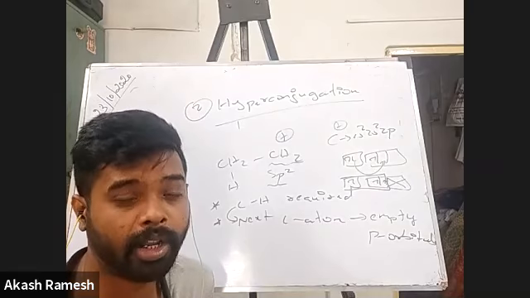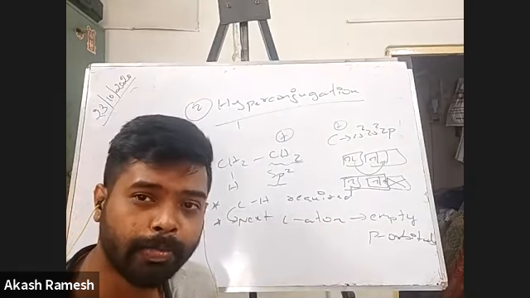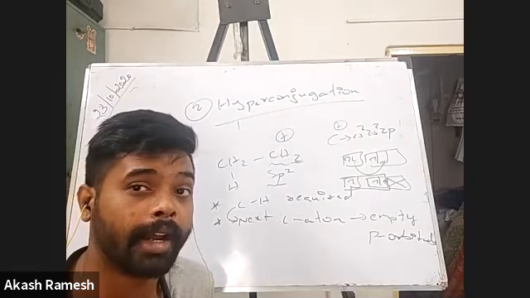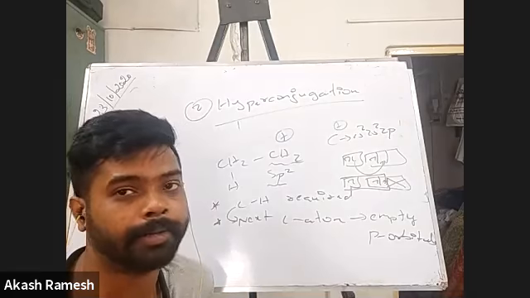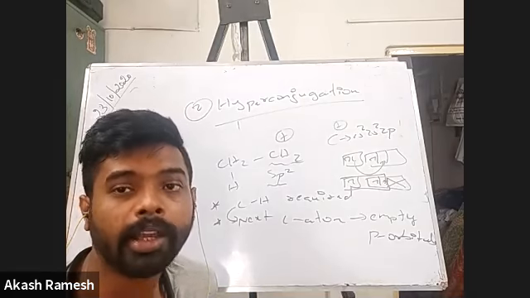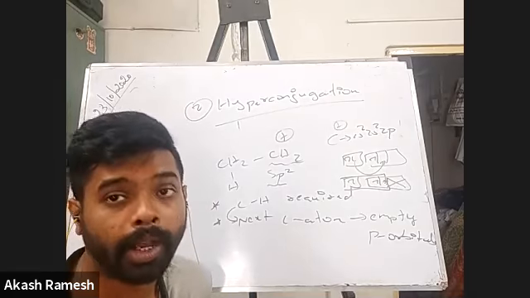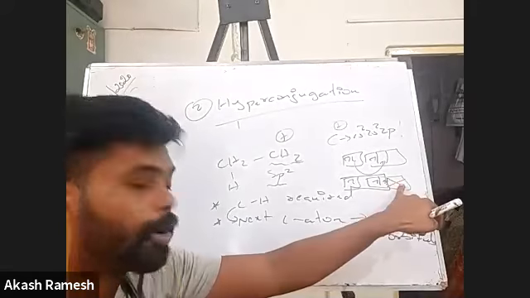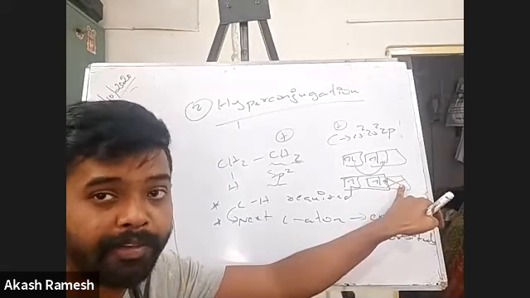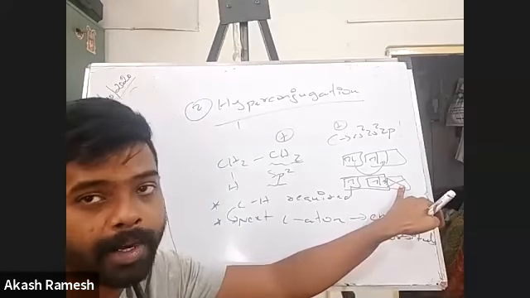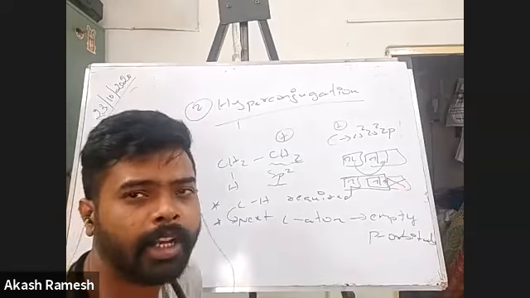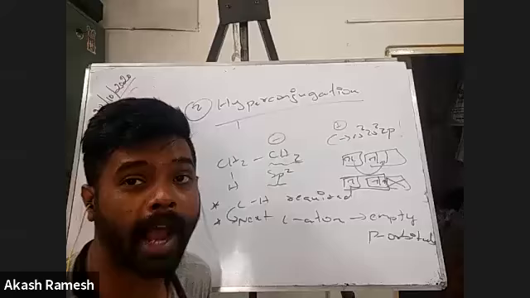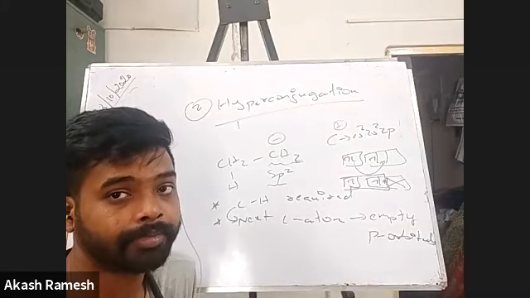Now, if I have an sp3 hybridized carbon, hyperconjugation is not possible. Why? Because there are no empty p orbitals, since the p orbital will also be involved in sp3 hybridization.